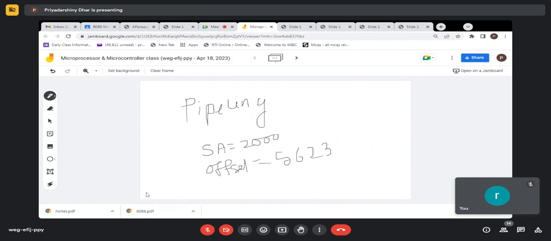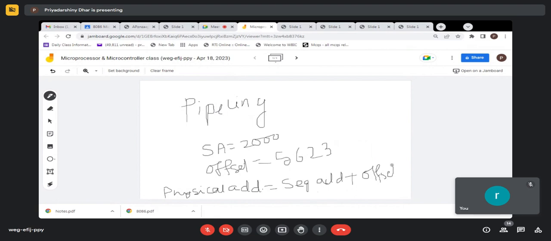We have to calculate the physical address. Physical address consists of 20 bits. So the formula is physical address is equal to segment address plus offset address.